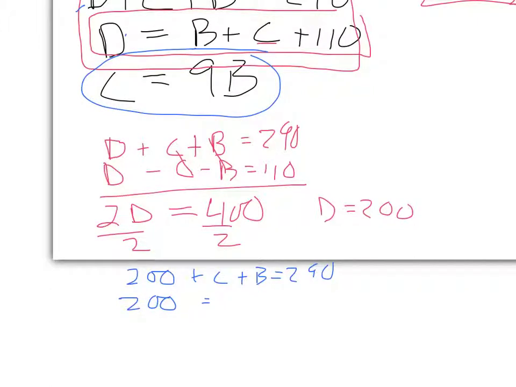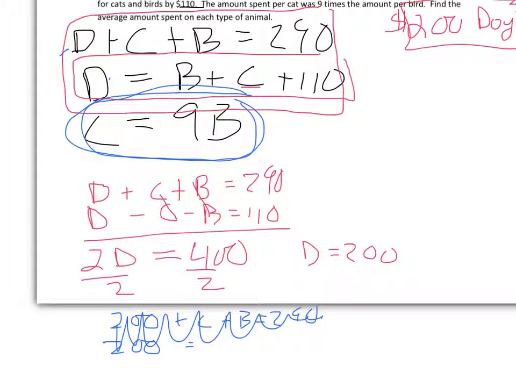We're still going to use that first one, and we're going to do a little bit of substitution. We're going to plug the 200 in for D, and because C equals 9B, we're going to plug the 9B in for that C, and that's going to give us just a single equation that we can use.